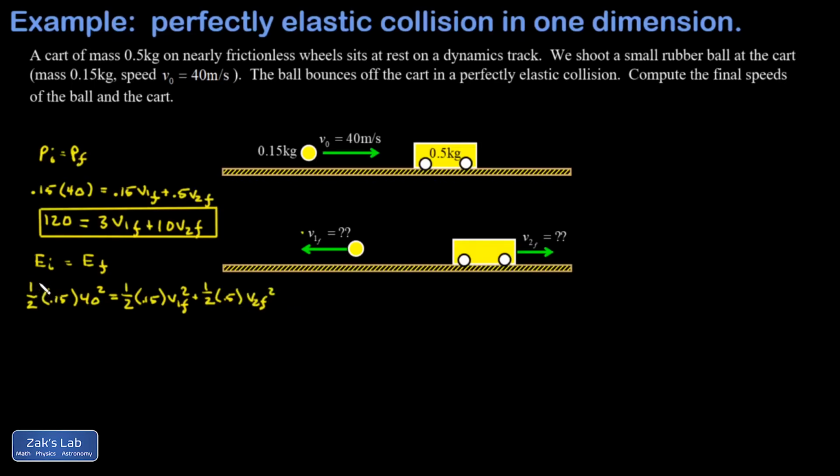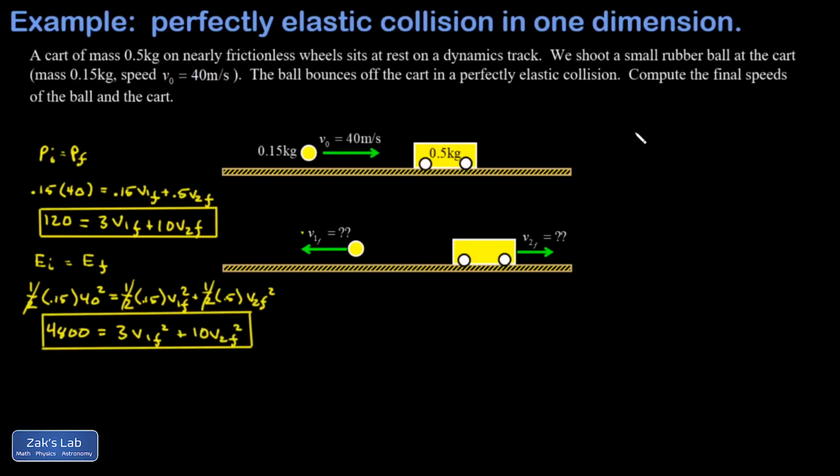To clean this up, I can multiply both sides by 2. That gets rid of all the 1/2s. And I'm really left with all the same decimal coefficients to deal with here. So again, I'm going to multiply by 20 just to clean things up. And this gives me 4,800 on the left-hand side, and that's equal to 3 v1 final squared plus 10 v2 final squared.